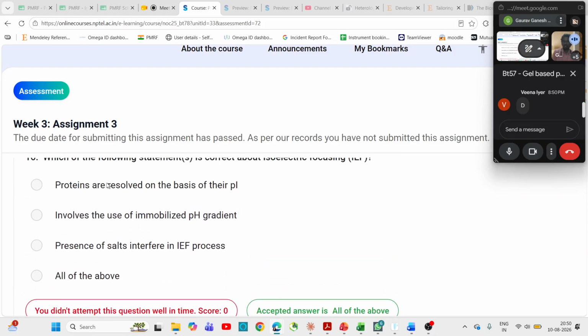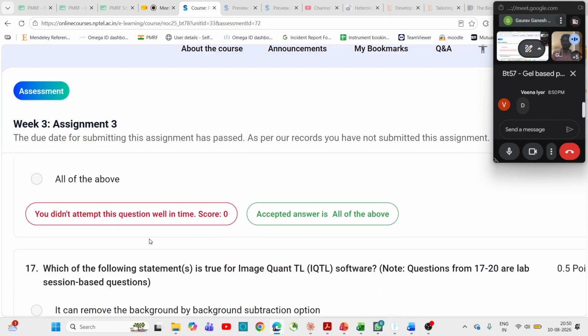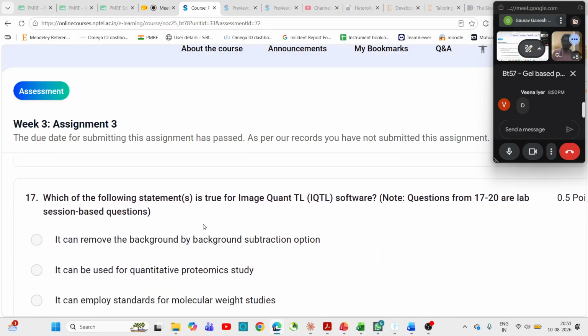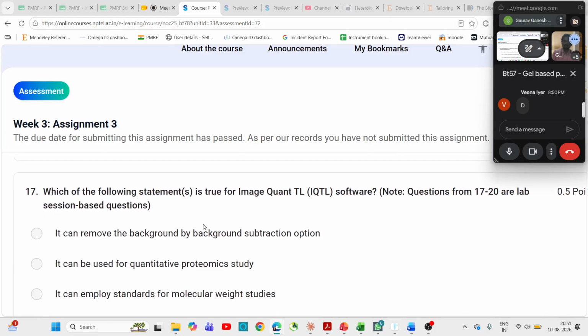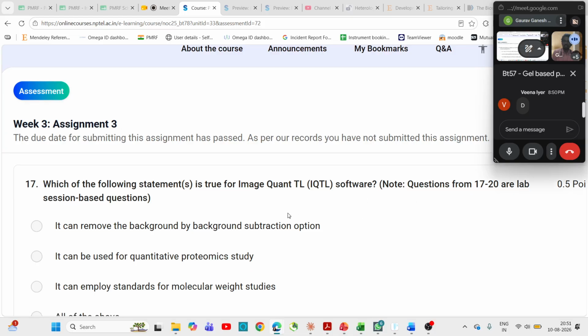So it does separate the protein on the basis of pI. It involves a pH gradient shift, and the presence of salt interferes with the process. So now the questions are lab-based questions.